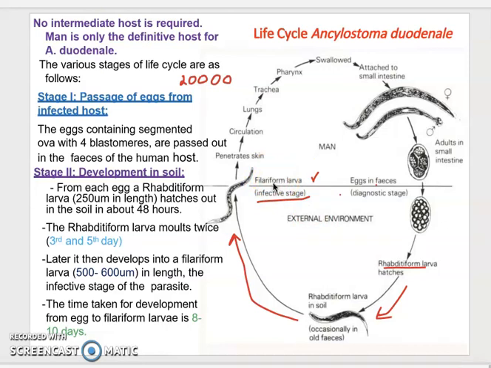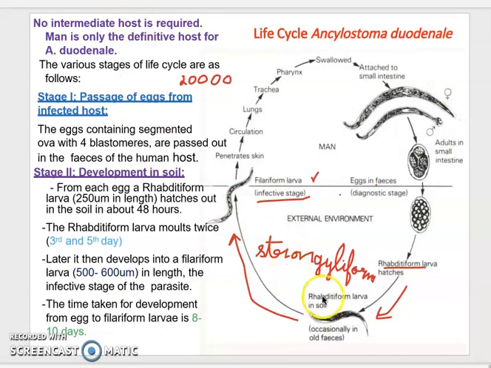Then it stops feeding and transforms into a juvenile worm known as the non-feeding filariform larva, also called the strongyliform larva.